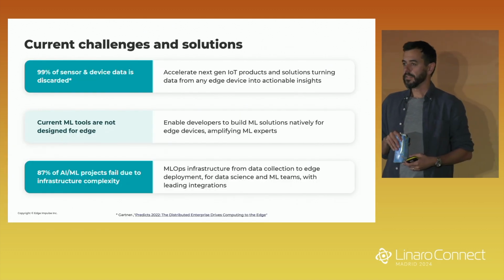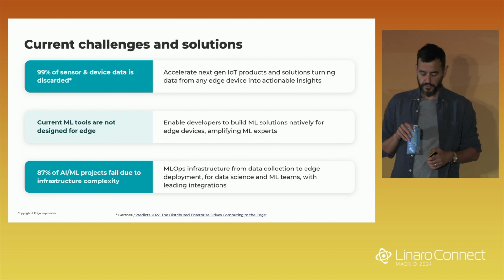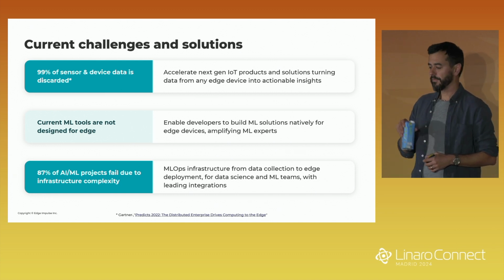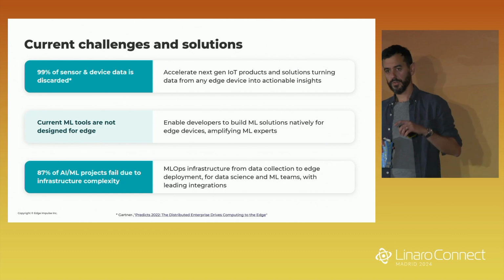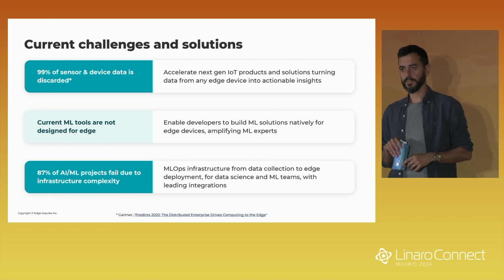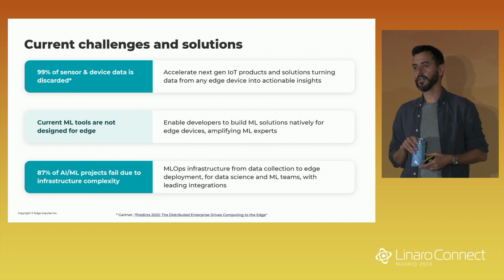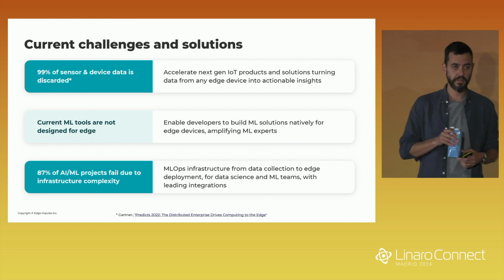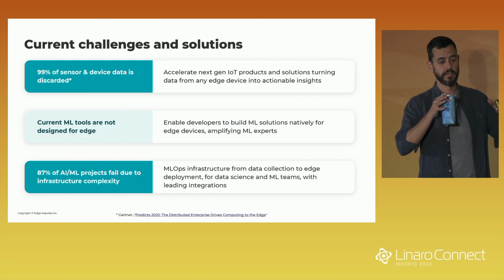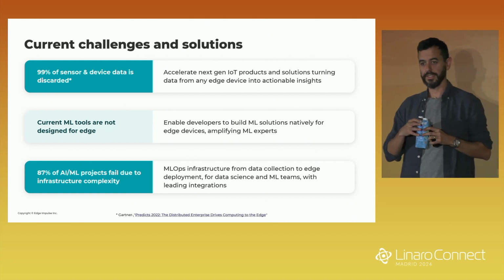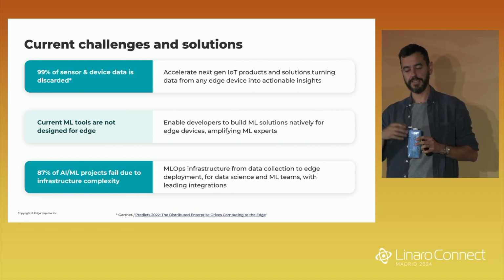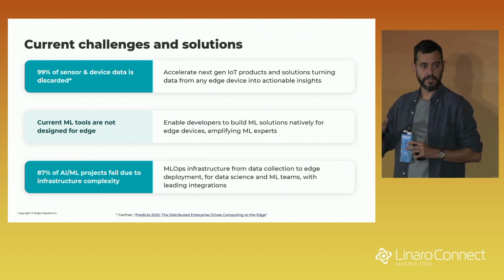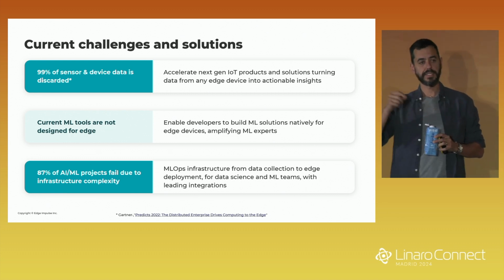What are the current challenges? Up until now, even if devices manage to do AI or have some connection to some AI compute, what we observe, and what other companies observe, is that 99% of all the sensor data that a device can gather is discarded, because you cannot be sending it back and forth.